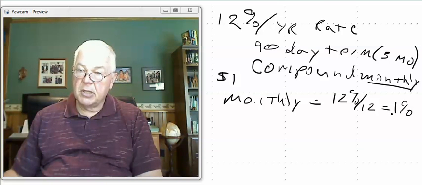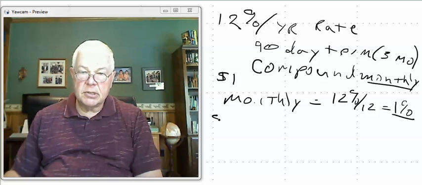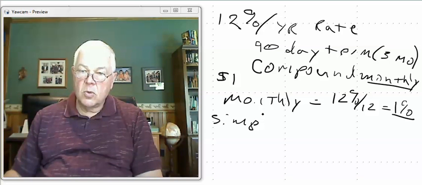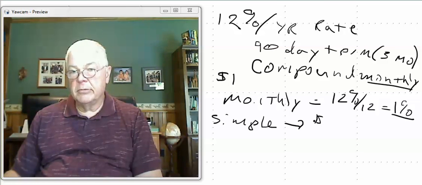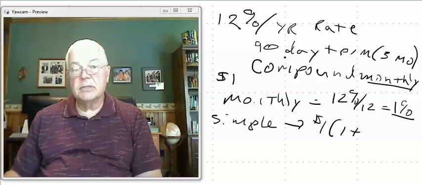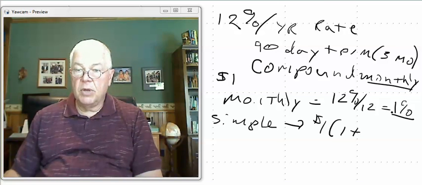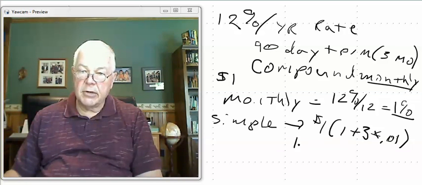Now, let's just look at simple. What is simple going to give me? Well, it's just my $1 times 1 plus the number of intervals. I said it's 90 days, so 3 months, and 1% a month, so it's plus 3 times 0.01, and so I get $1.03.